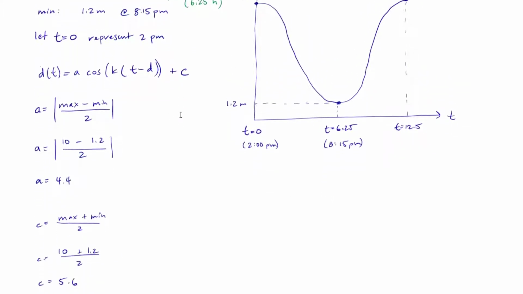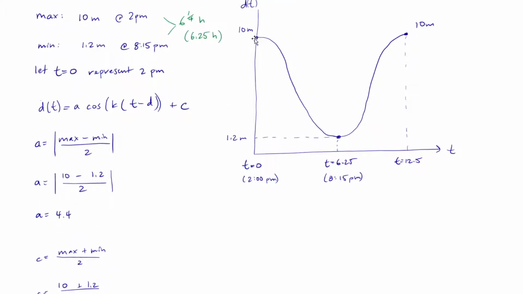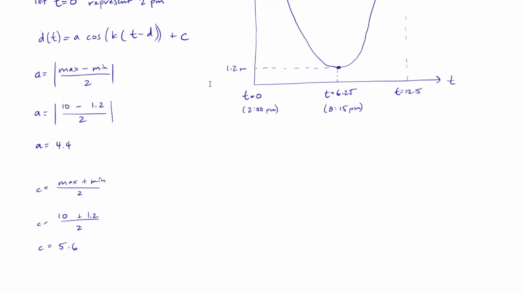Okay. So if I'm using the cosine function and I'm starting at the maximum, that means there is no phase shift because the cosine function is already starting at its maximum. So D is equal to 0 since starting at a max.